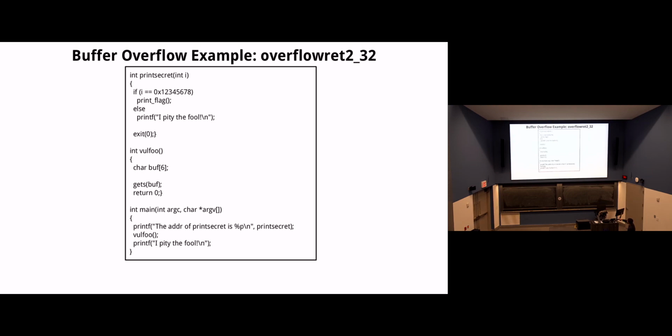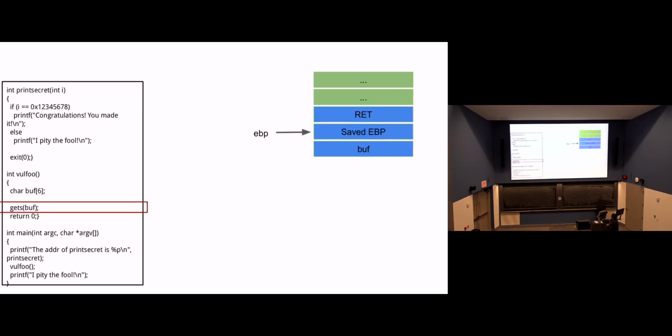First of all, after val_foo you can jump to anywhere. You can jump to the function print flag, or to the call to function print flag. Both approaches will give you the flag, but that's not the purpose. I want you to jump to the beginning of print secret, and to give that parameter. So how does this work?